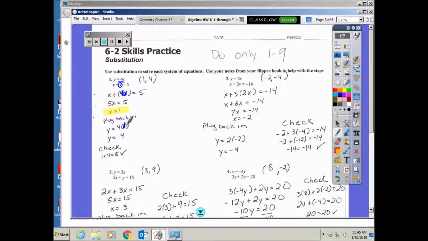And we solve: y equals 4. So it looks like we have a solution of our x value equals 1 and our y value equals 4. So a solution is an ordered pair. Remember, if we were graphing the lines, they would intersect.